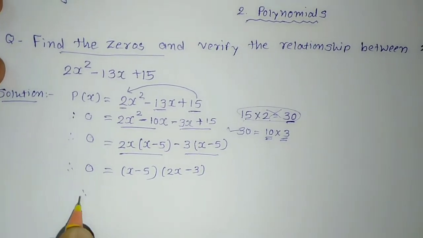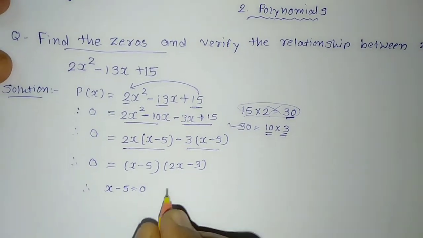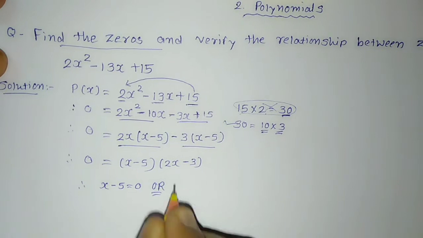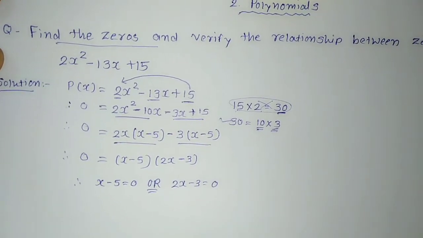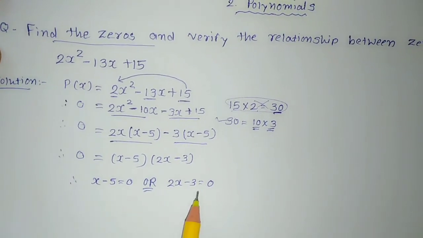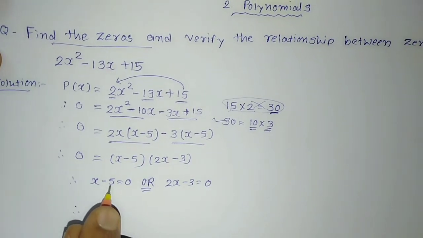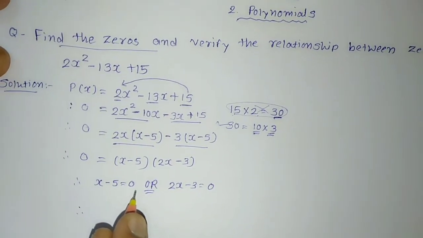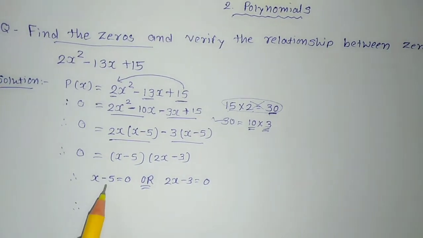That's why I can write it. Therefore, x minus 5 is equal to 0, or I can write this another term, 2x minus 3 is equal to 0. Multiplication of both of this is equal to 0, so either this is 0 or this is 0. So if x minus 5 is equal to 0, so minus 5 I will take it at the other side as we are doing it normally, otherwise mathematically it is wrong, but we are doing it.